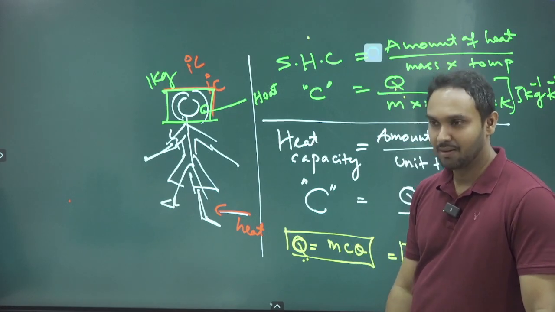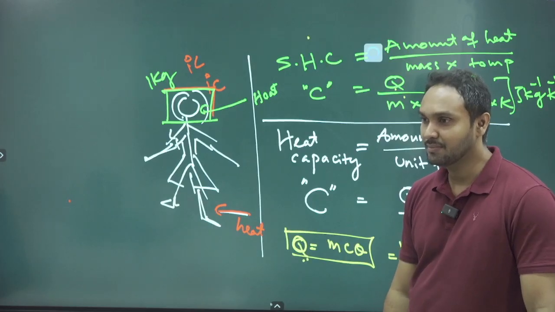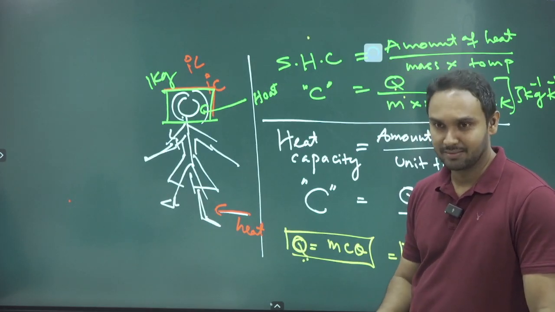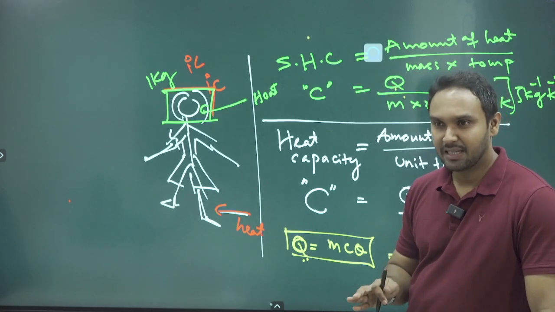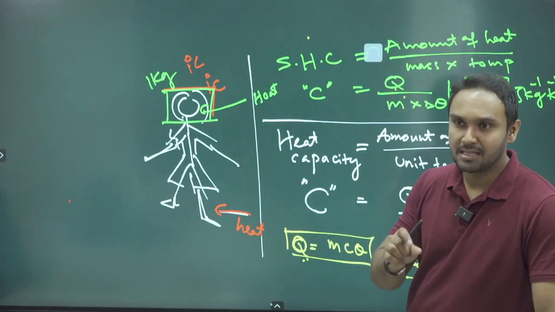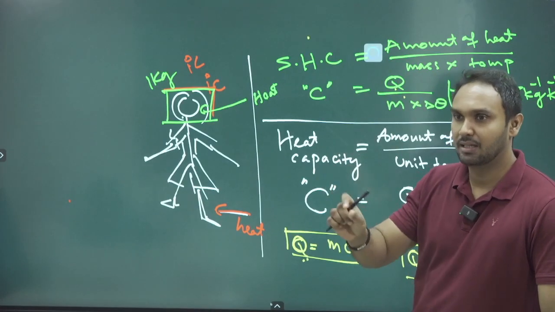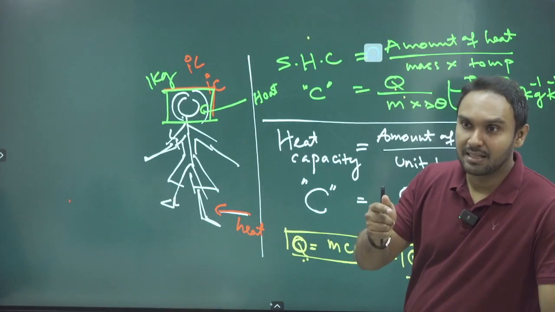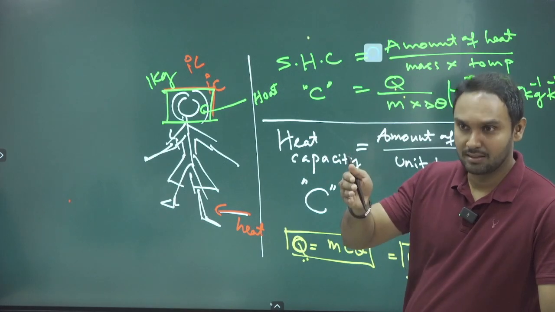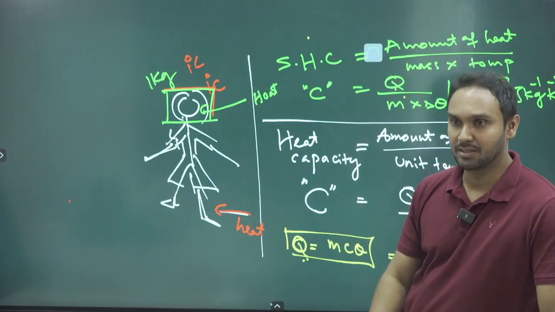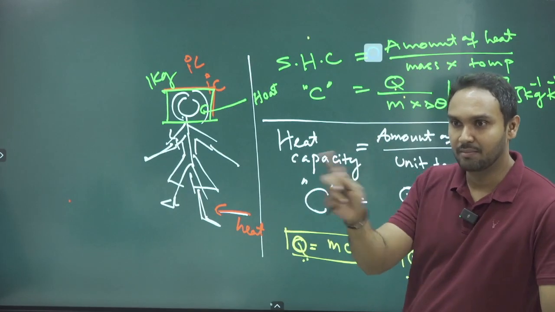Now think. Specific heat capacity is the amount of heat per mass per degree of temperature. Heat capacity is for the whole mass per unit temperature. Can you relate them?